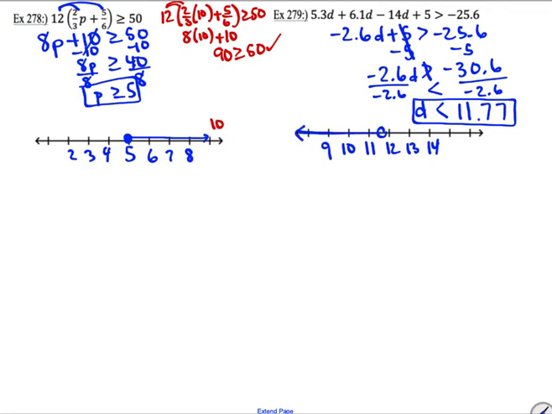And then we can pick one of these numbers and try it in to see if it works. If at all possible, I like to pick the number 0, and 0 is over here on the number line. So 5.3 times 0 is 0. 0 plus 0 minus 0, that's all 0. Is 0 plus 5 greater than negative 25.6? That is true. This checks out to be correct.